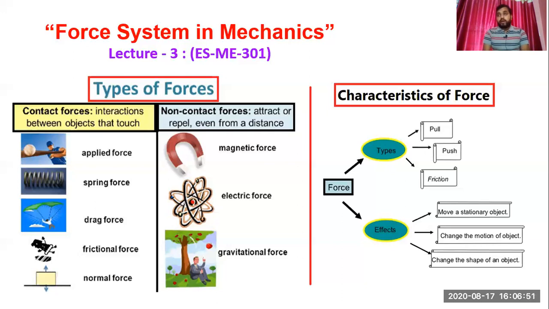The force and its effect on that body is known as force family or force system. So today we will discuss force systems.